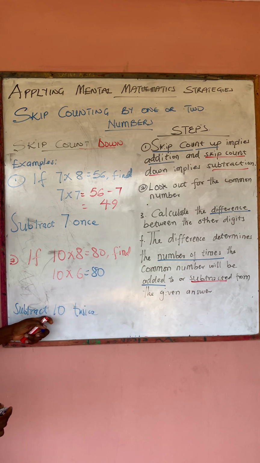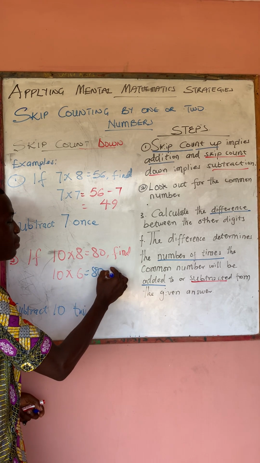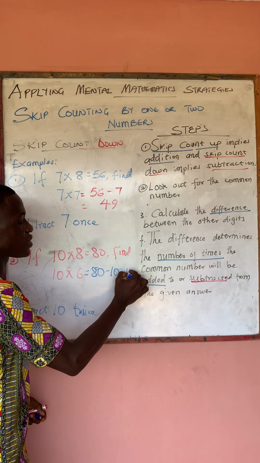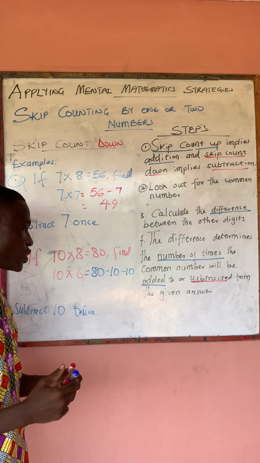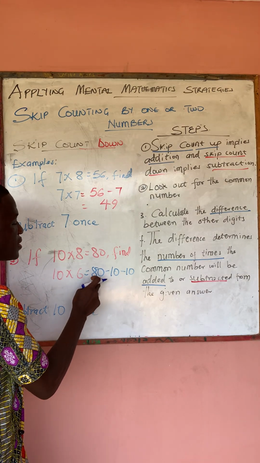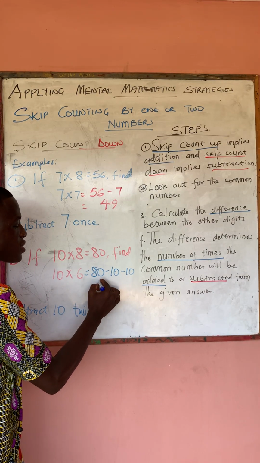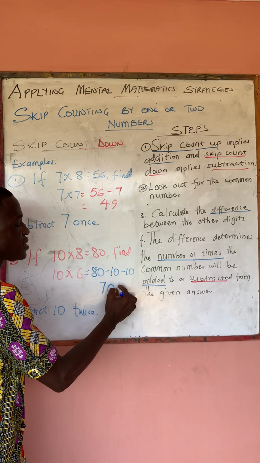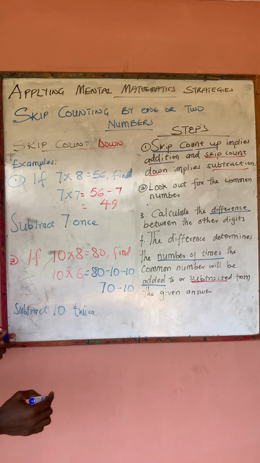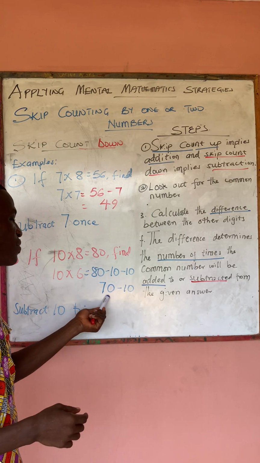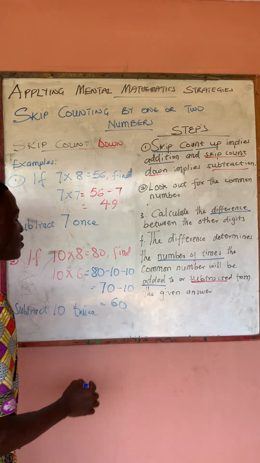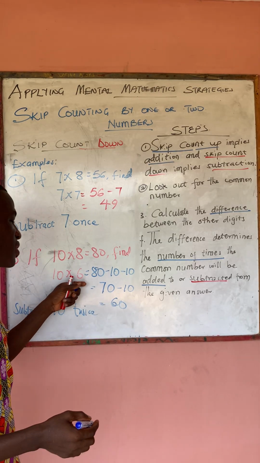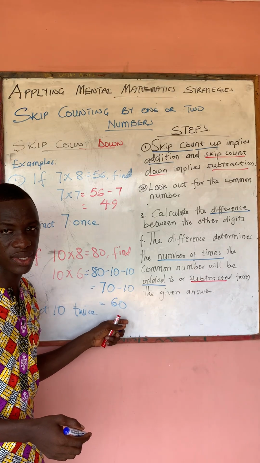I said you subtract 10 twice. You get minus 10 minus 10. Alright. Now, 80 minus 10 equals 70. So you get 70 minus 10. Alright. And 70 minus 10 is equal to 60. So this implies 10 times 6 is equal to 60.